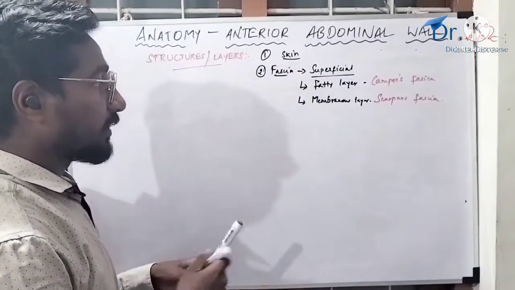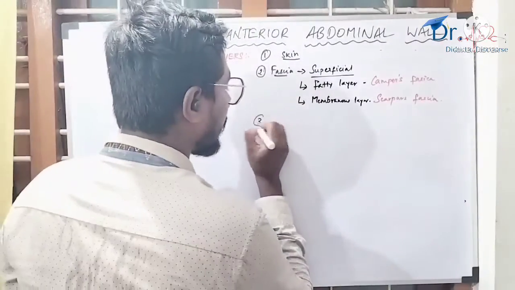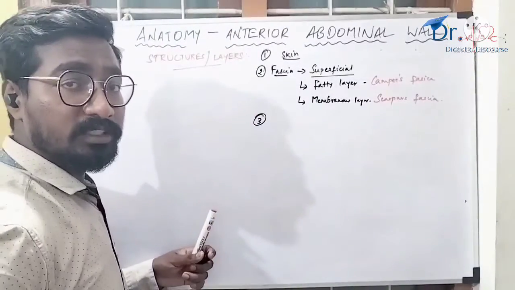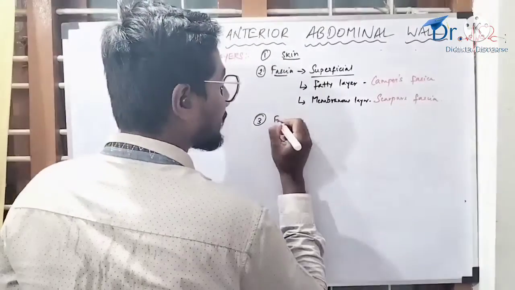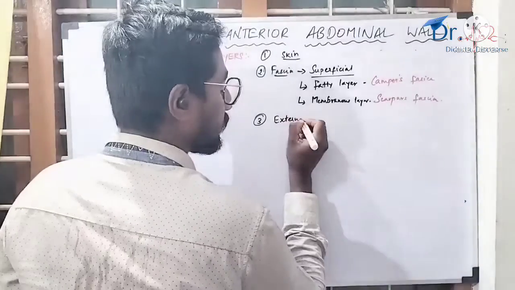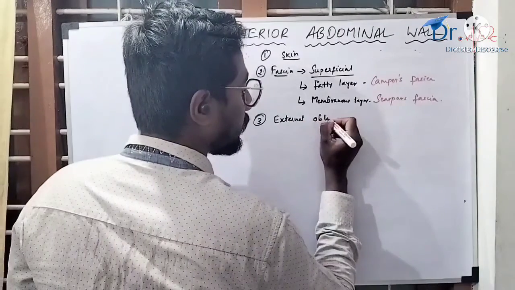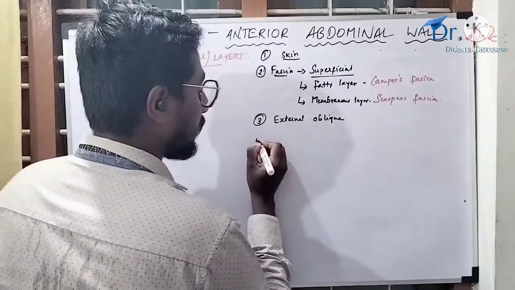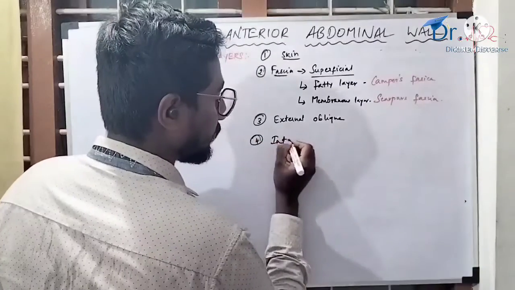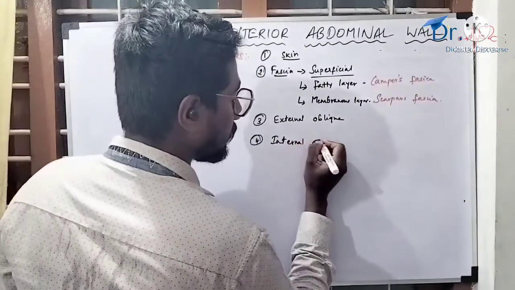Alright, and then come the muscles, the muscles of the anterior abdominal wall. You have the oblique muscles of the abdomen: the external oblique muscle and the internal oblique muscle.